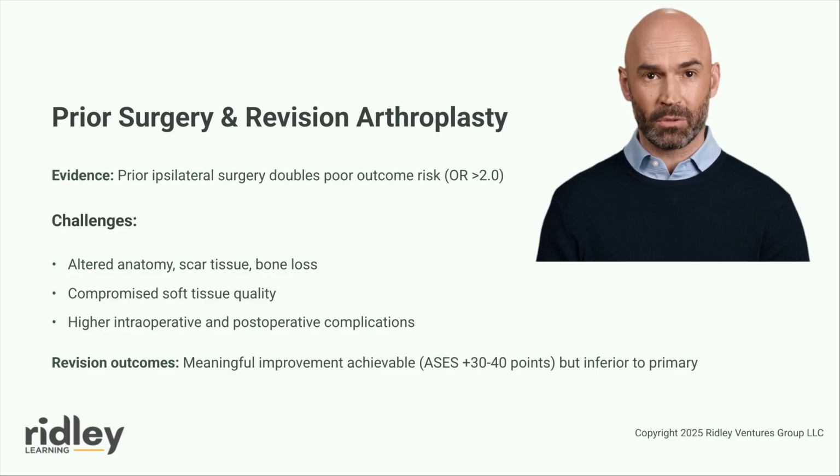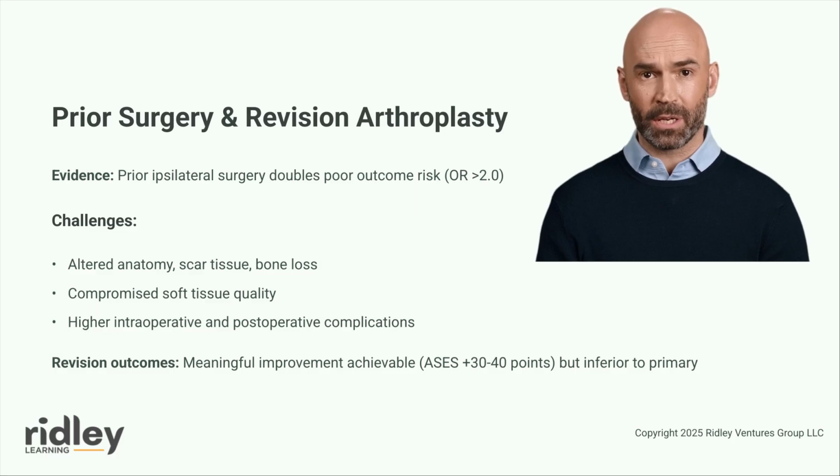Prior ipsilateral shoulder surgery, including prior arthroplasty, rotator cuff repair, fracture fixation, or instability procedures, represents a significant risk factor for inferior outcomes and elevated complication rates following shoulder arthroplasty. A 2024 systematic review of patient-related prognostic factors found that prior shoulder surgery independently doubles the risk of poor medium to long-term functional outcomes, with odds ratios exceeding 2.0 for persistent pain and functional limitation.